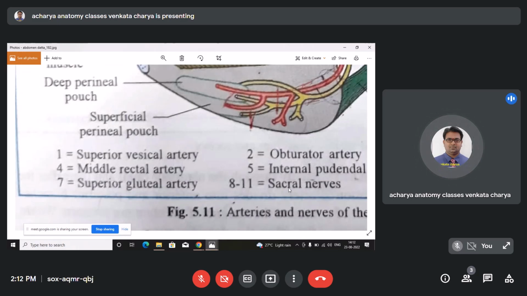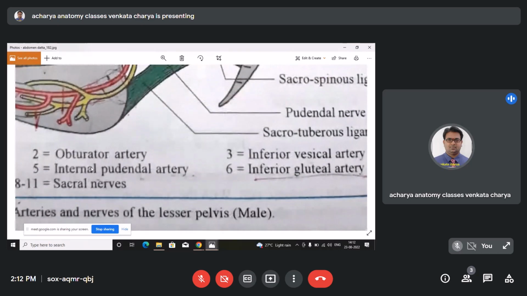And number three, the inferior vesical artery, which supplies the lower part of the urinary bladder, and the prostate gland and seminal vesicles in males.